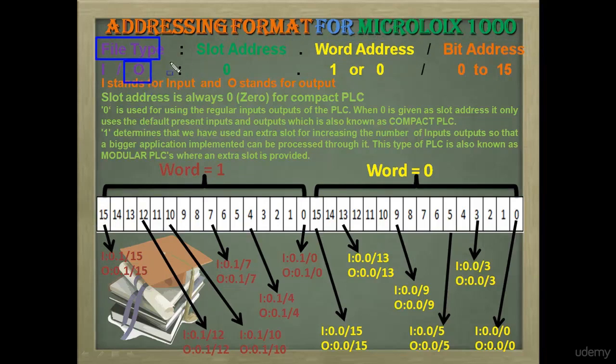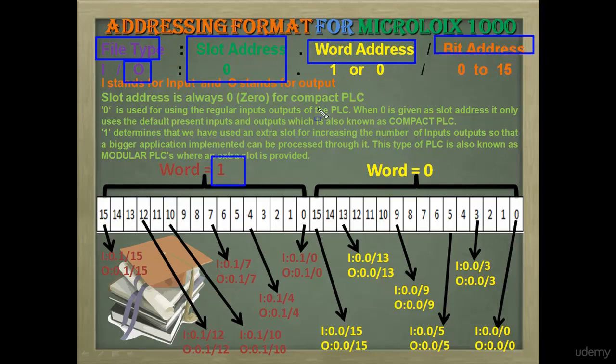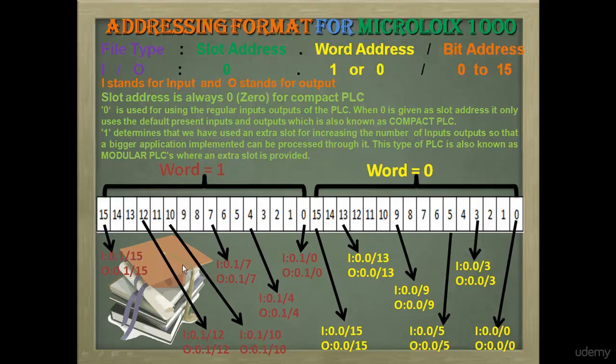For the output, file type is O, slot address 0, word address 1, and bit address 15. So the address for the output is O colon 0.1 slash 15.